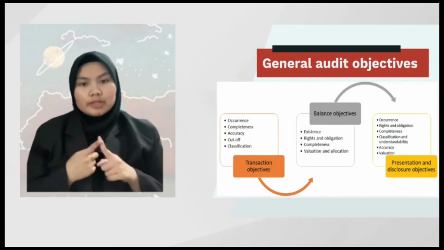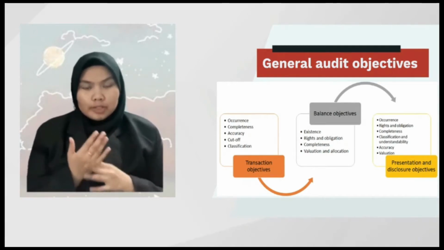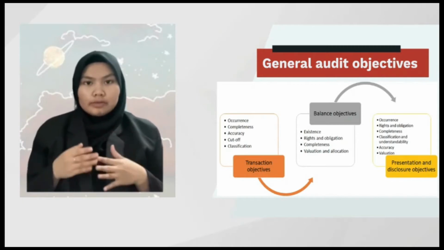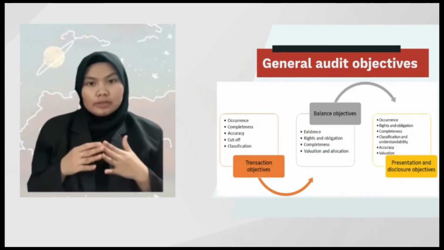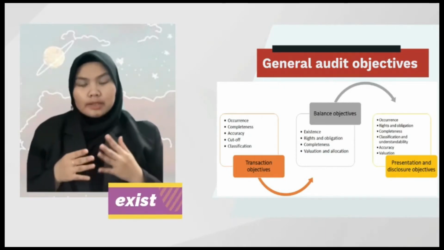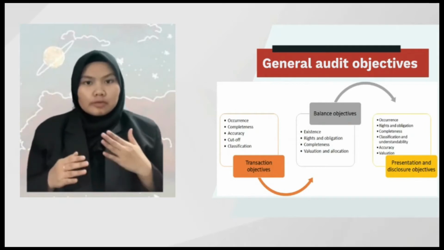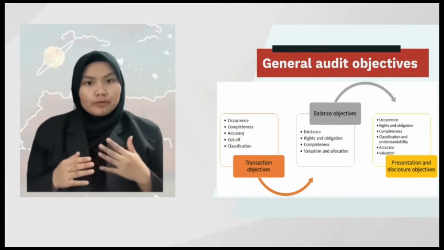The first objective is the transaction objective. It has 5 audit objectives in this category. The first one is occurrence. The auditors need to make sure that all the transactions recorded in the financial statement exist. Next, for completeness, the auditors need to make sure that all the transactions that need to be recorded are fully recorded.